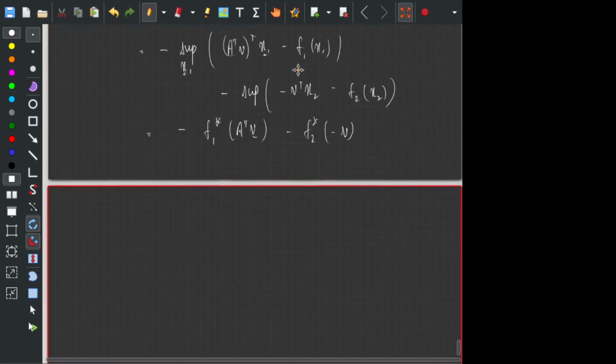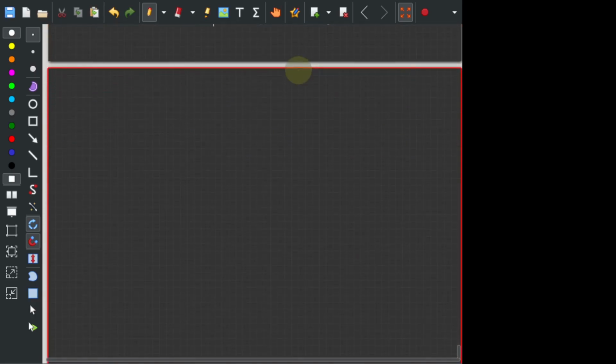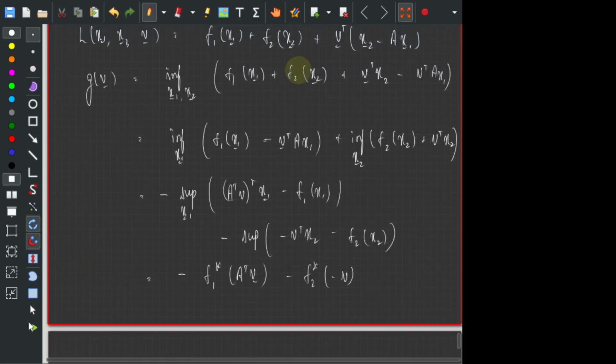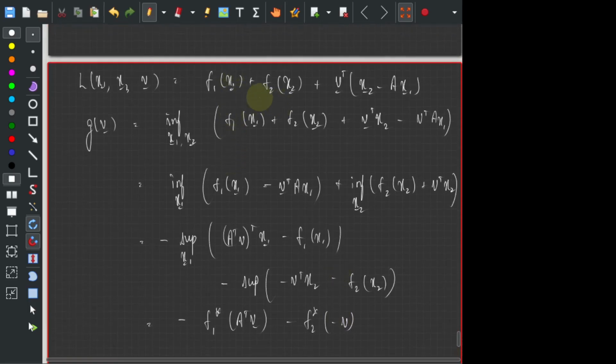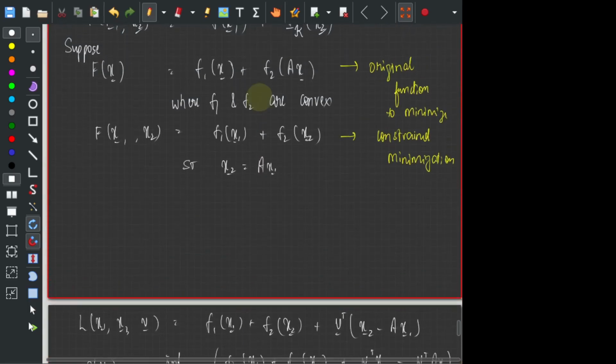Correct. So in fact, it's possible to give separate sufficient conditions under which the maximization of this particular quantity is equal to the minimum of this particular quantity, right? And that is what is called Fenchel duality.